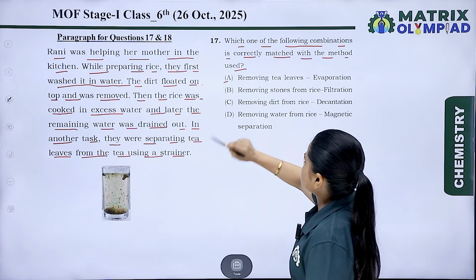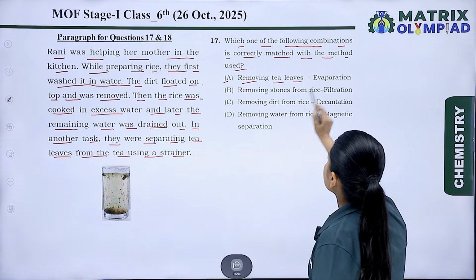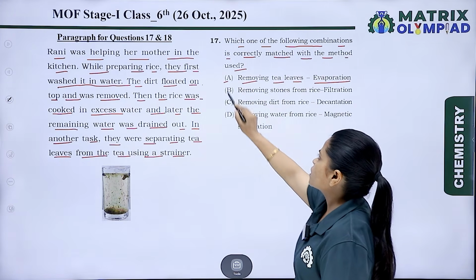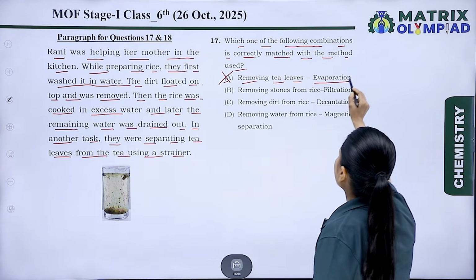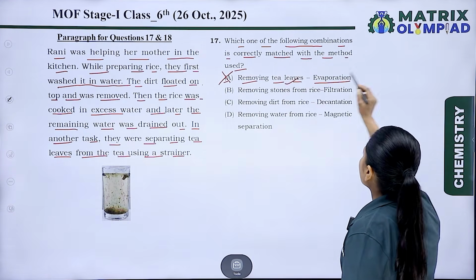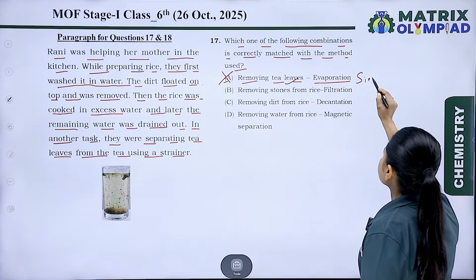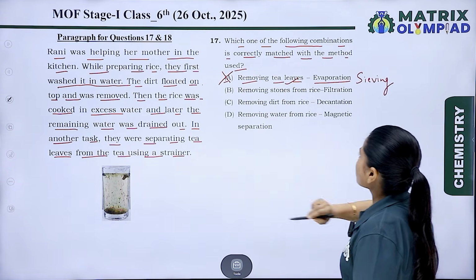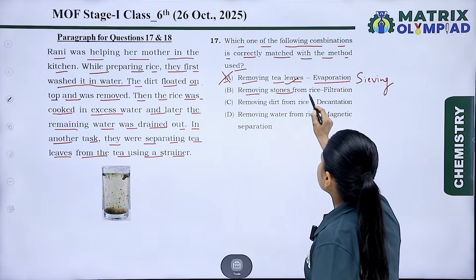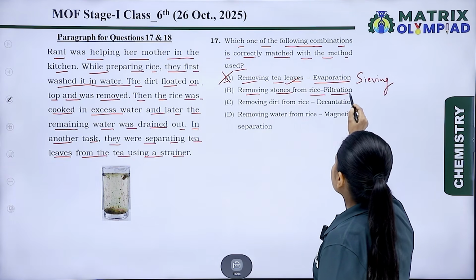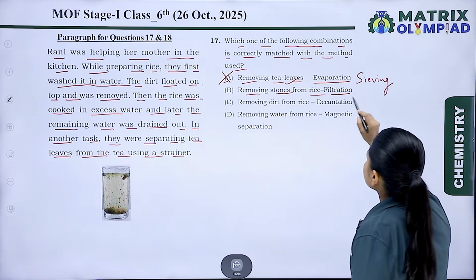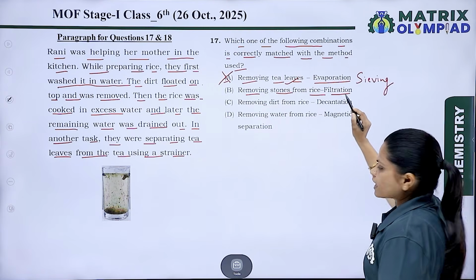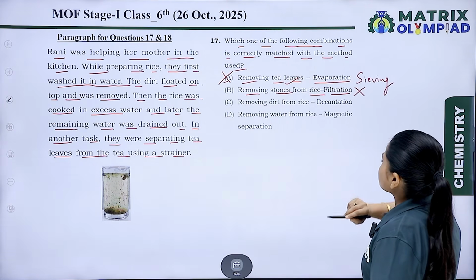First, option A is removing tea leaves, that is evaporation. No, this is wrong, and this is called sieving. Removing stones from rice, that is filtration. Yes, this can be taken as the wrong option.